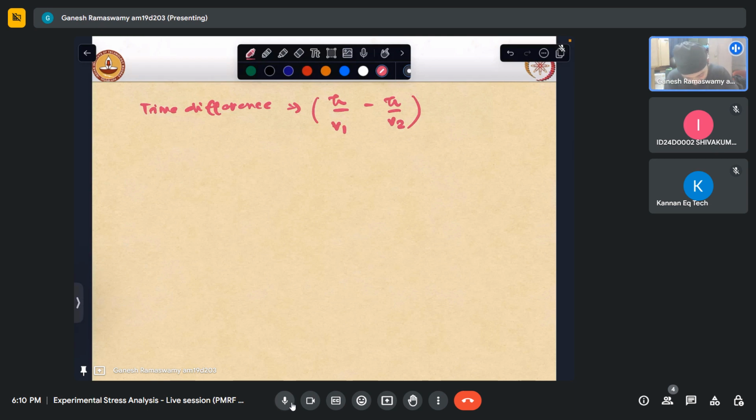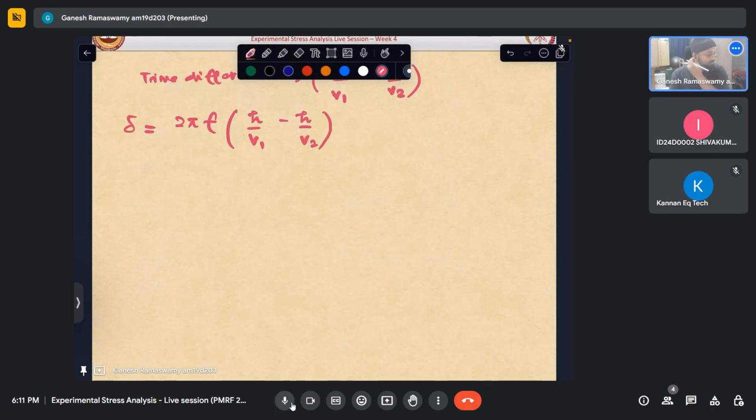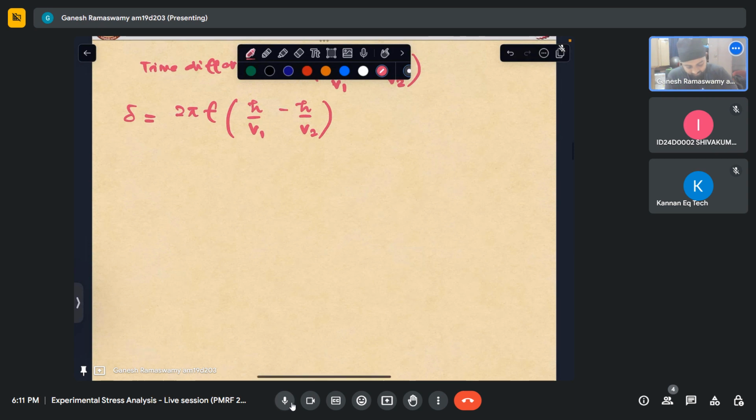So delta can be given as 2 pi f into h by v1 minus h by v2. So this is the retardation that it would have acquired, where this is our frequency. So this can be recast. Now we know that wavelength into frequency is constant, speed of light.